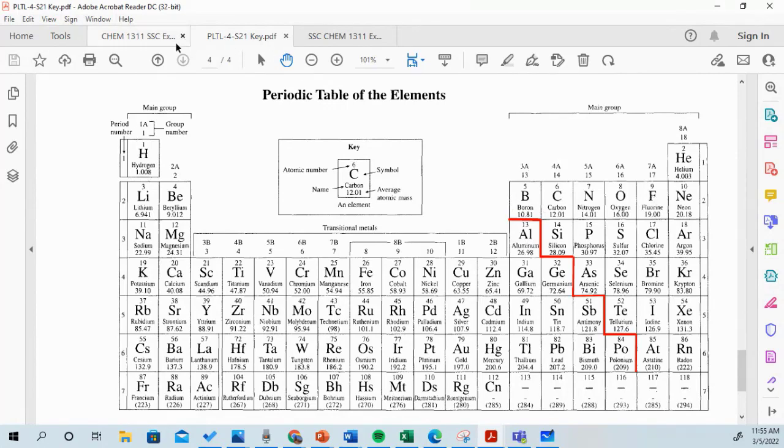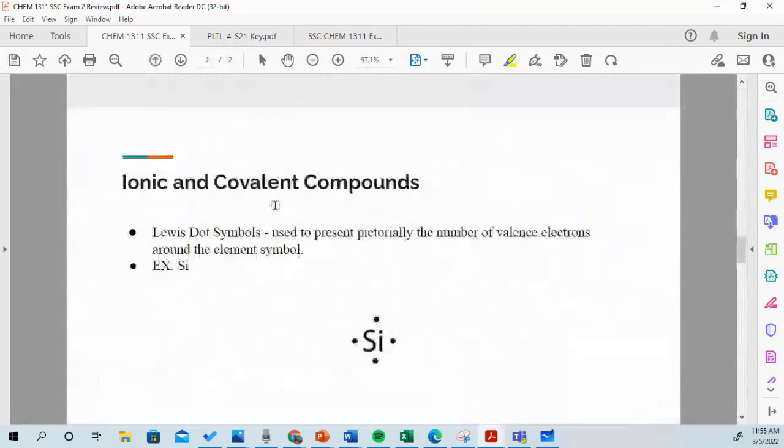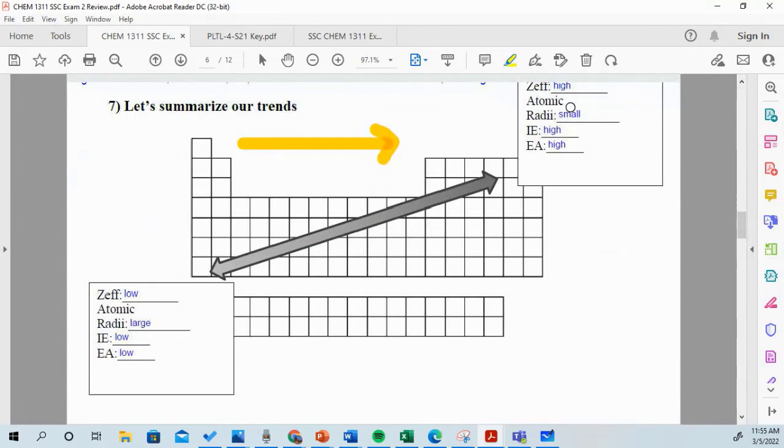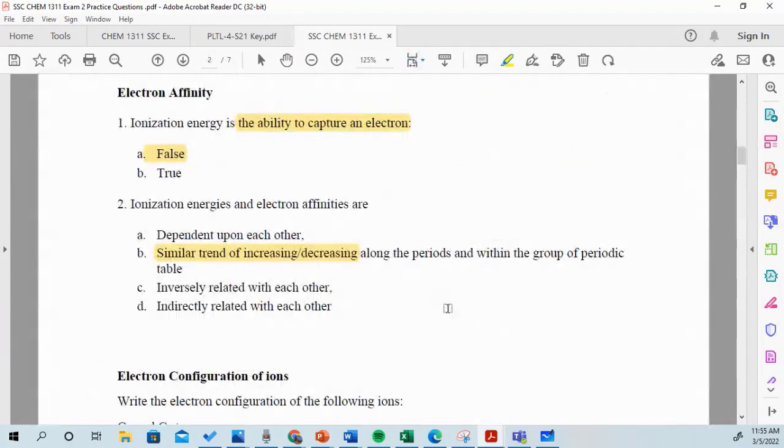So they're both directly related to each other. And if we look at this chart, IE and EA are both the exact same. They're both high as you go all the way diagonal. Okay.